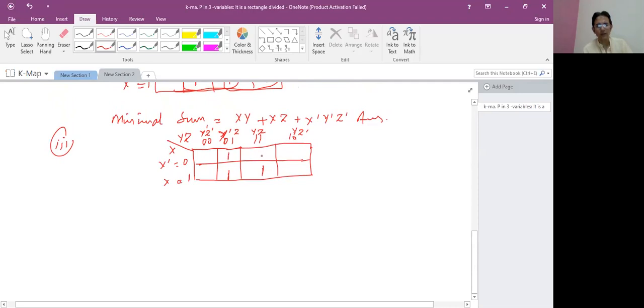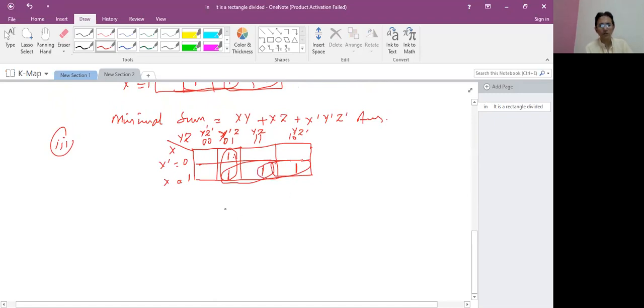That means we write here 1. And the last one is x, y and z complement. Sorry for that. So we'll put this. After that, it is the first loop, now the second loop and the third loop.